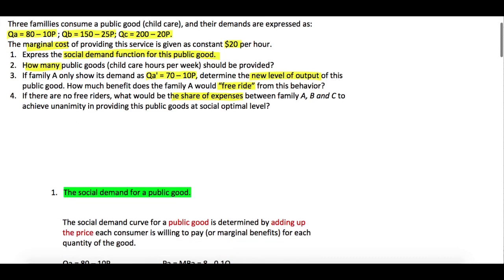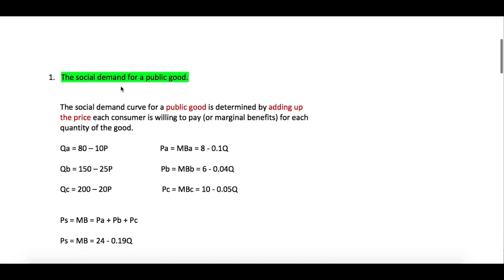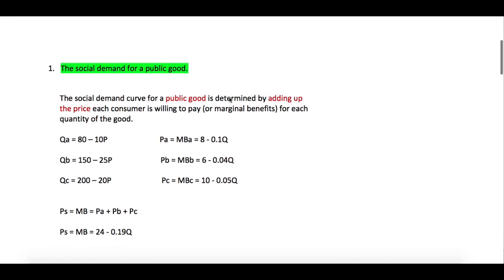For the first question, the social demand for public goods is determined by adding up the price each consumer is willing to pay, or adding up the marginal benefits for each quantity of the good.